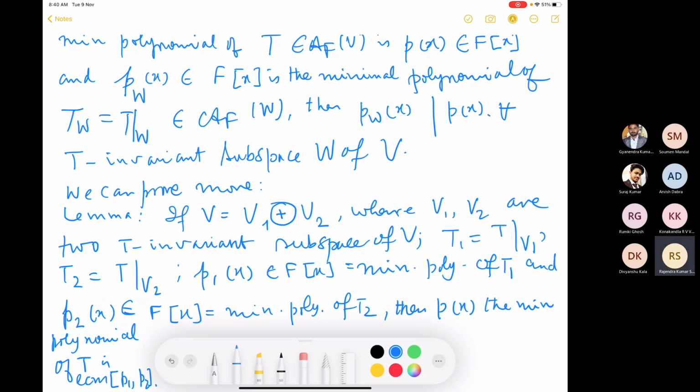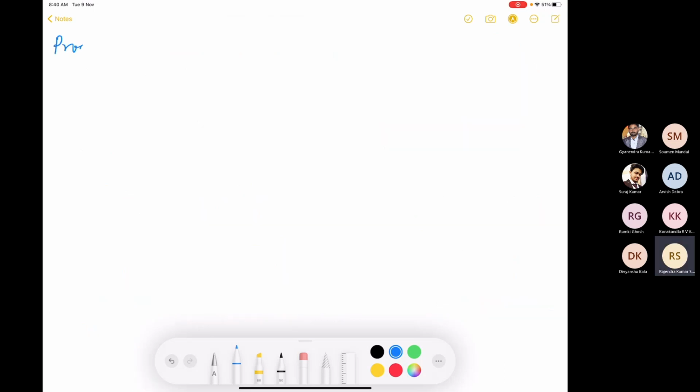Then the minimal polynomial of T is actually the LCM of these two minimal polynomials. The proof is rather straightforward, so we can prove this. Since P(x) is the minimal polynomial of T, P(T) is 0.